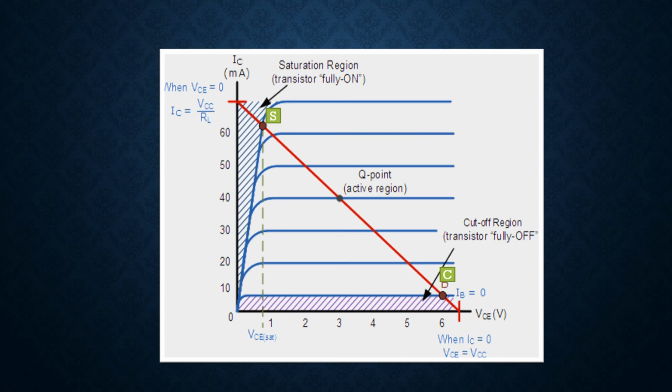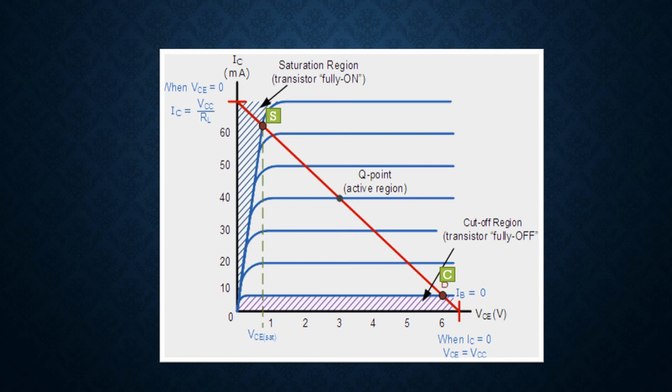Now here you can see that this is the saturation region when your transistor is fully on, and this is the cutoff region when your transistor is fully off. And when IB is equal to 0, that is when there is no base current flowing, then your transistor is in off condition.